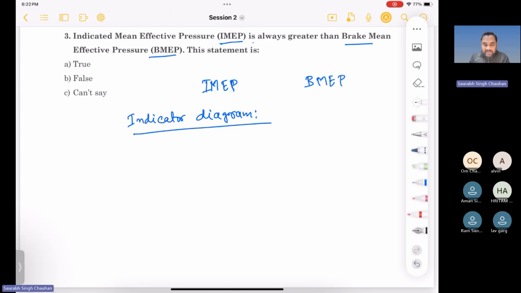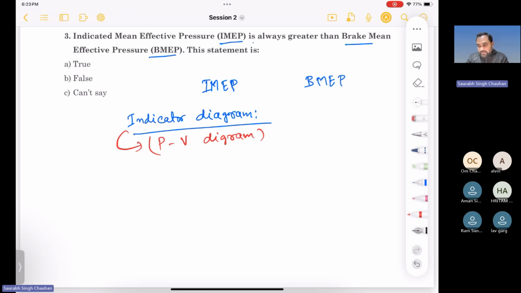Okay, indicator diagram is nothing, just it is PV diagram. So indicator diagram and PV diagram both are same. So you can ask why you are giving this new fancy name indicator diagram. Just call it PV diagram. So this term comes from one instrument that we call indicator.